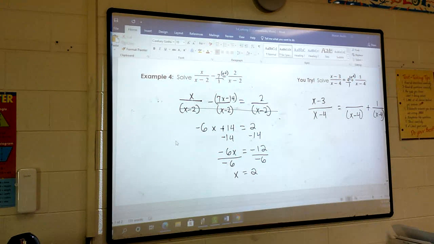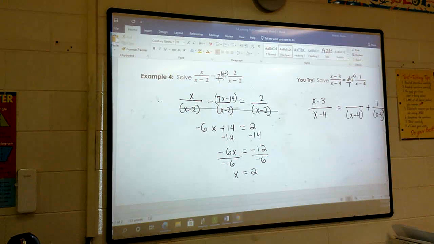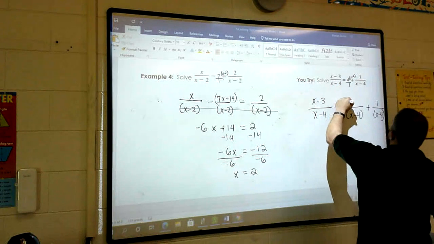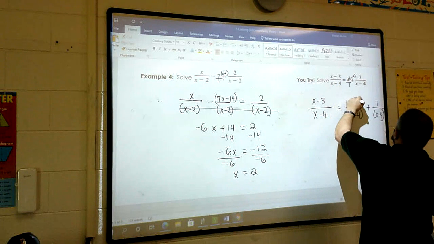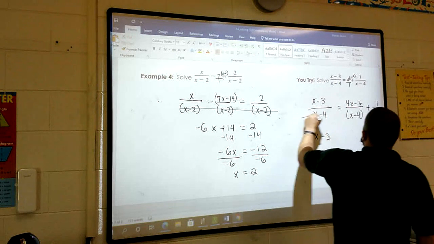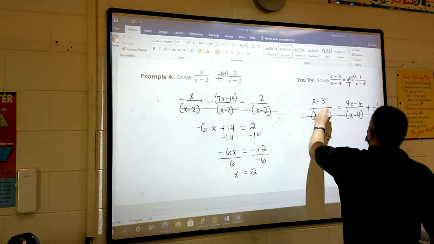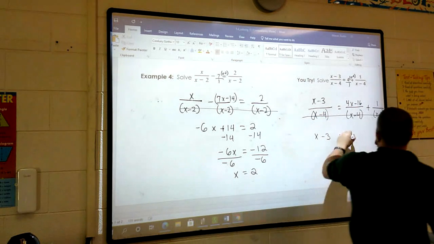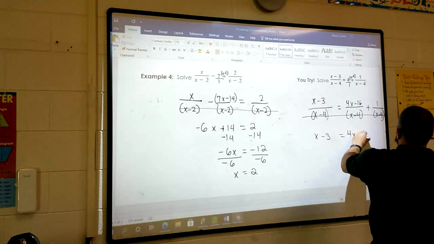And that will be our final answer. In this problem, if you multiply the 4 by x minus 4, you get 4x minus 16. So we have x minus 3 over here. And we have 4x minus 16 plus 1. So that's 4x minus 15.